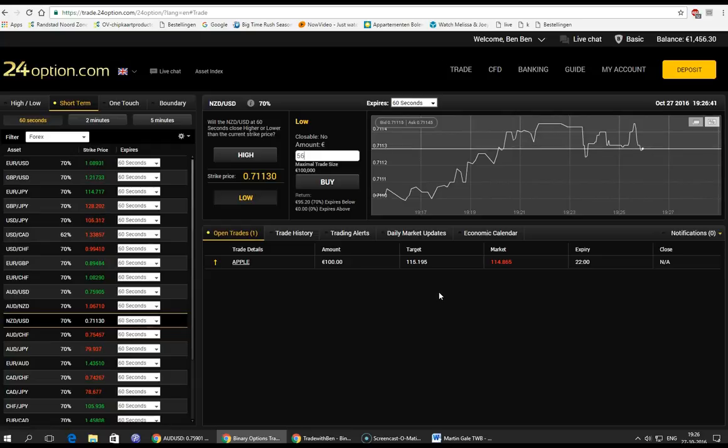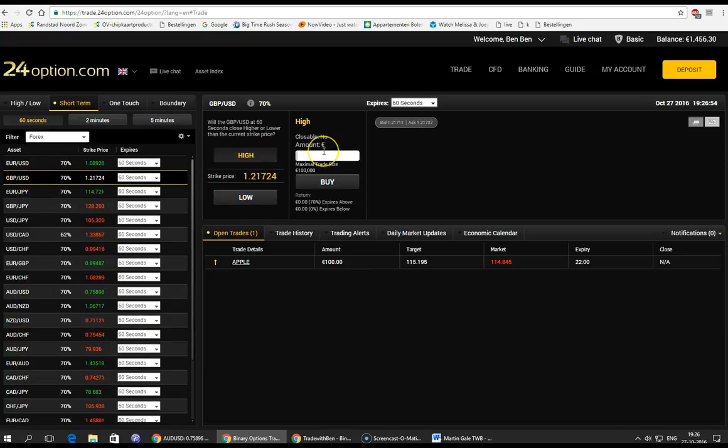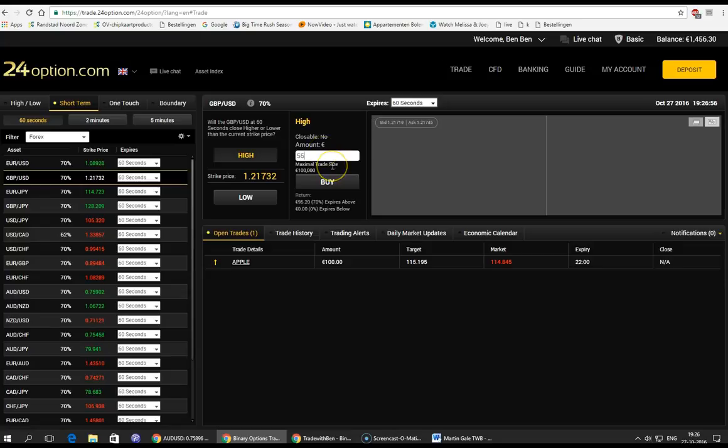So let's see what is going on, because we still didn't have any trade. So let's see, GBP US dollar. It did not break any level right now, but there's a possibility it can recover because it hit support.